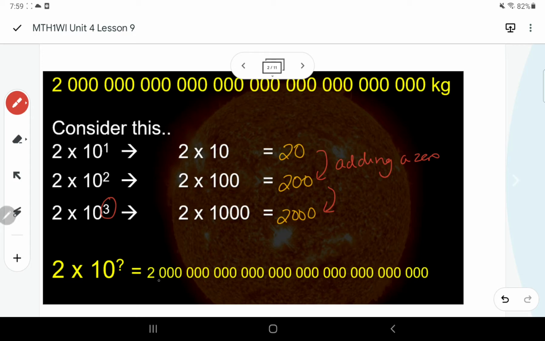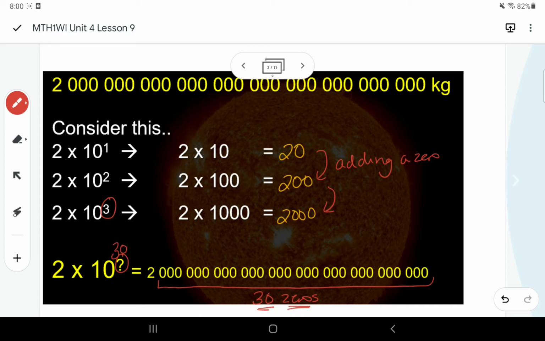So if I had this big huge number that has 30 zeros, that would be 2 times 10, and my missing exponent here would be 30. You would have to multiply a 2 by 10 30 times to add on those 30 zeros.